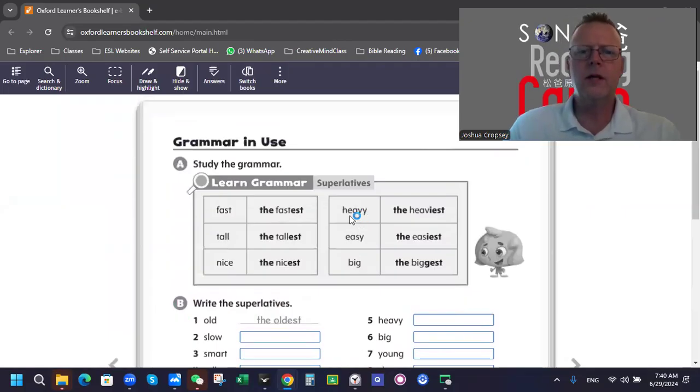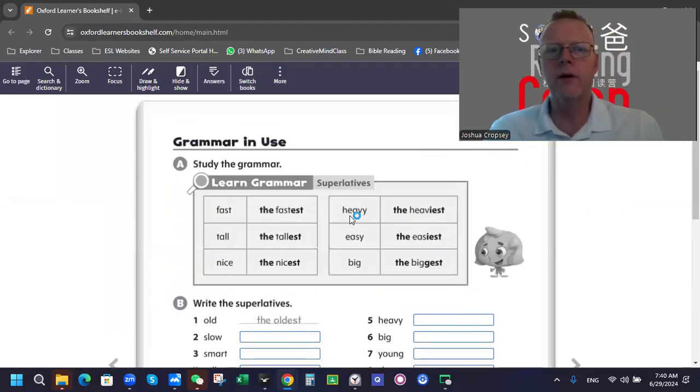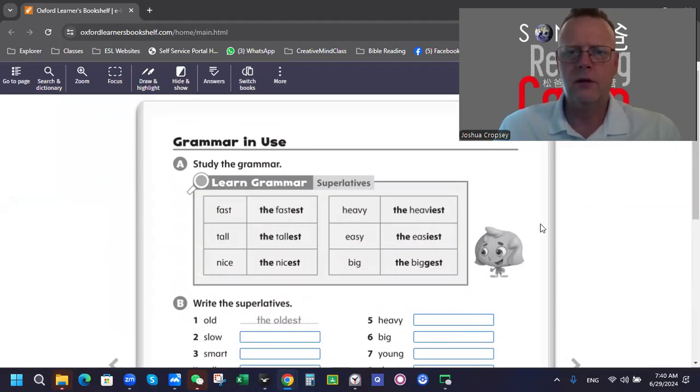All right, so grammar in use. Study the grammar. Learn grammar, superlatives. Fast, the fastest. Tall, the tallest. Nice, the nicest. Heavy, the heaviest. You guys can see here that the Y changes to I and we add EST.